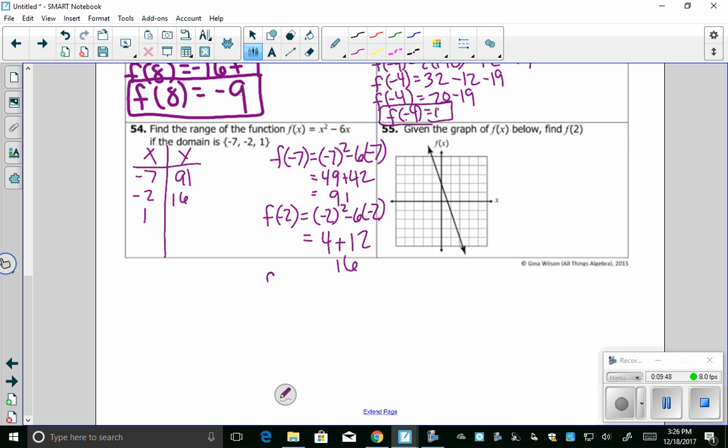Now f of 1. 1 squared minus 6 times 1. 1 squared is 1, minus 6, negative 5. So my range of this function is going to be 91, 16, negative 5.